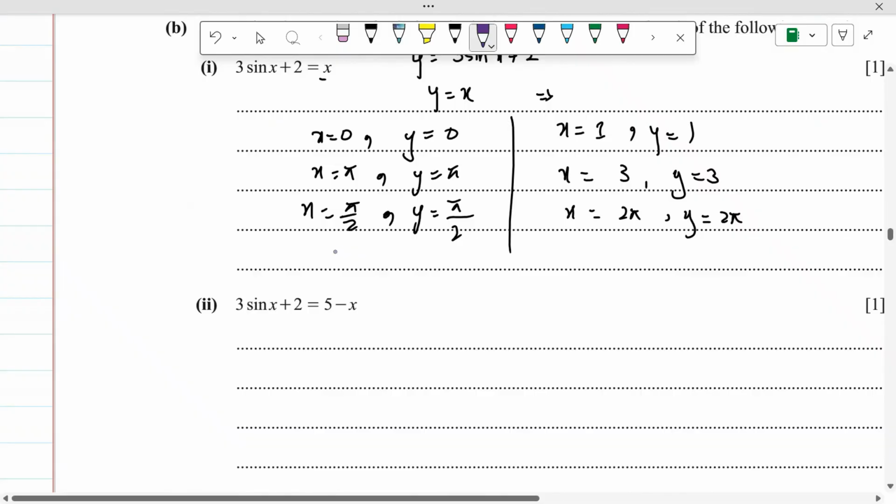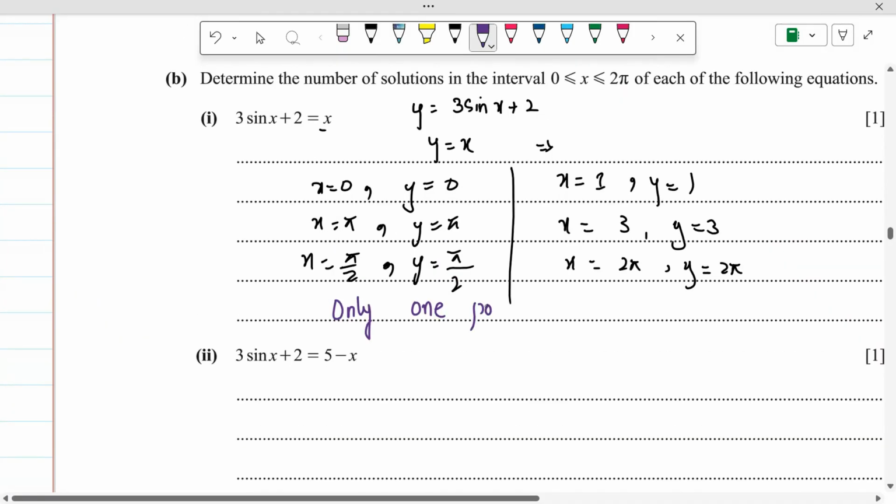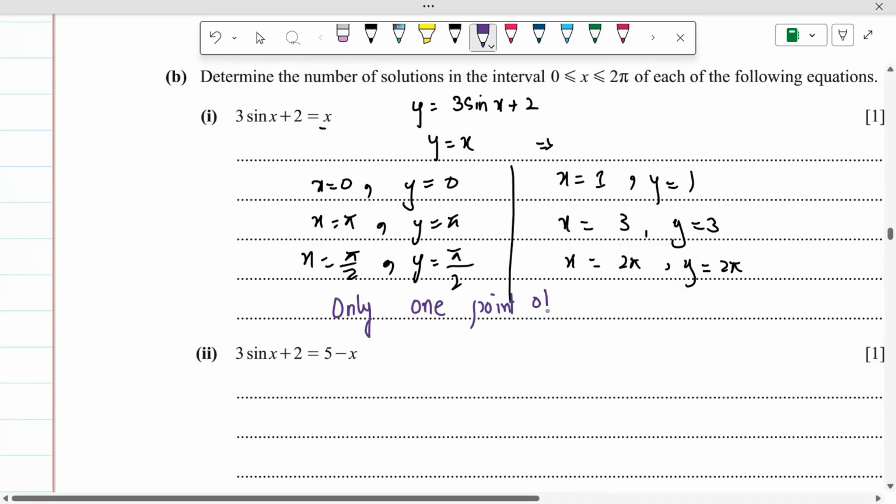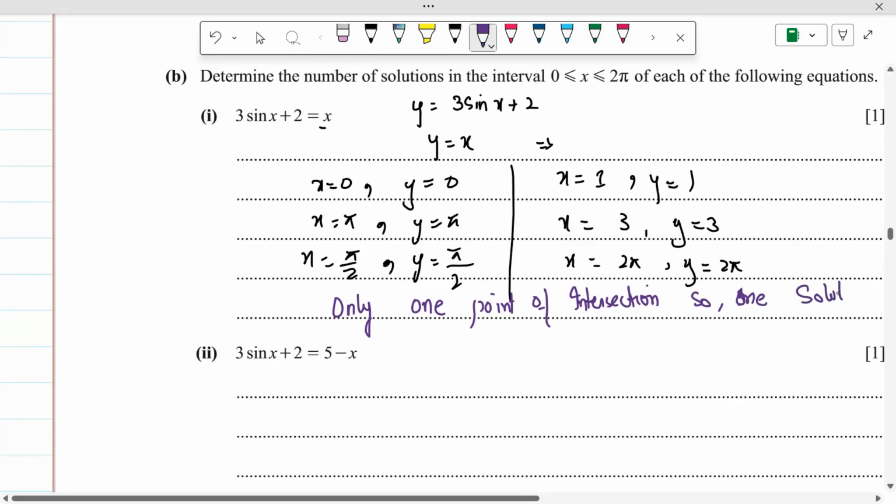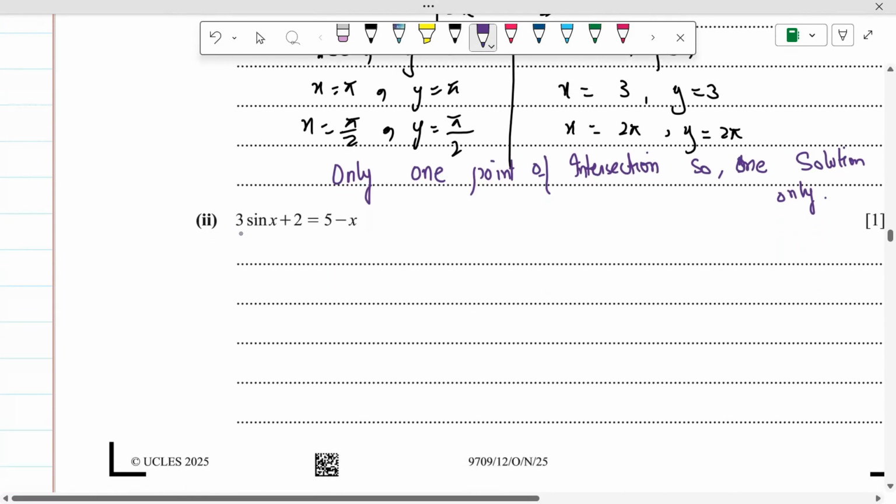So we can say that there is only one point of intersection, so one solution only.